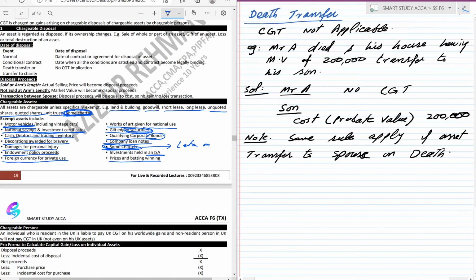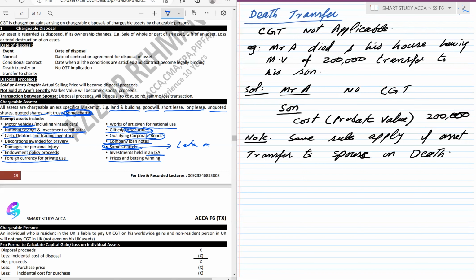Normally there are different rules if an asset is transferred between husband and wife, but if an asset is transferred between husband and wife on the death of either party, the same rules will apply. If the husband died and on his death he has transferred his asset to his wife, the same rule will apply.